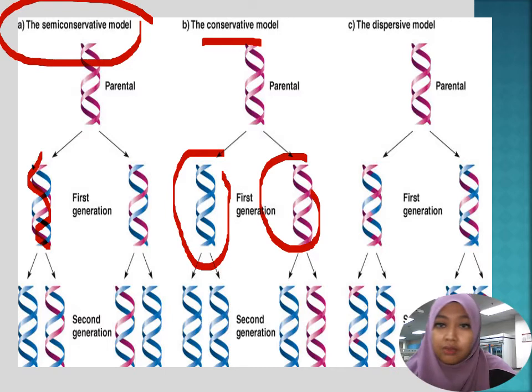By the conservative model, the parent is actually preserved as one, and the other one will be totally new. What about the dispersive? It's like a patch, meaning that every single strand has new and old parts, the new and also the parent type. This is what we call the dispersive model.